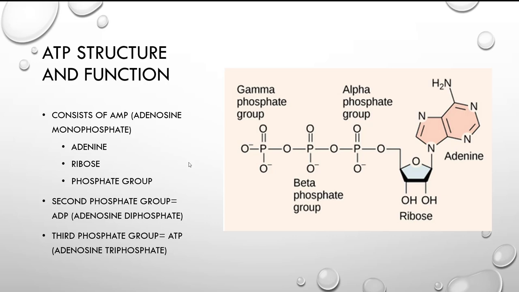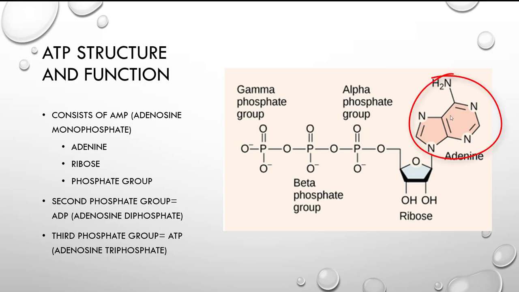So if we take a look at that ATP molecule, remember ATP stands for adenosine triphosphate. And from the video, it referred to ATP as a nucleic acid. The reason why it's a nucleic acid is because it contains a nitrogenous base. So here's adenine.